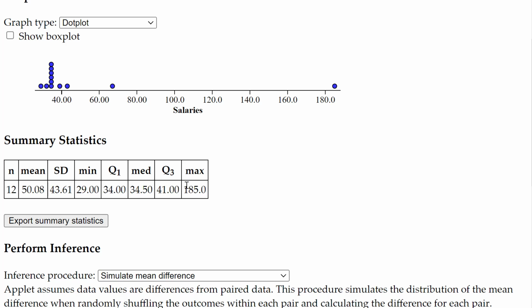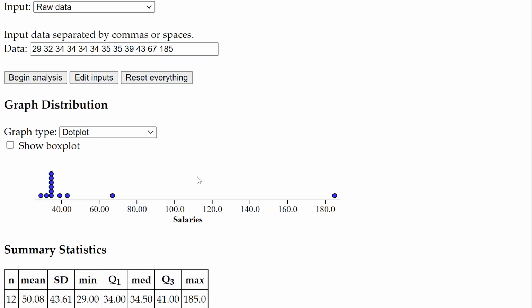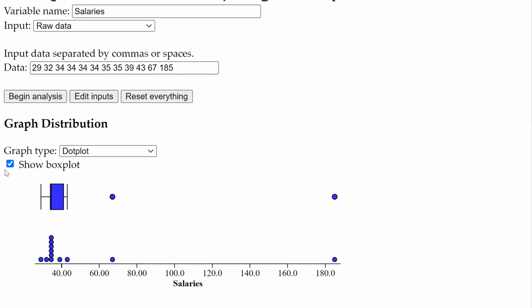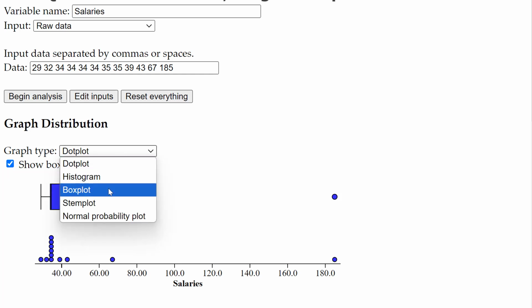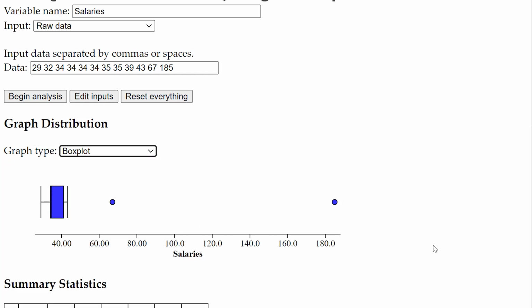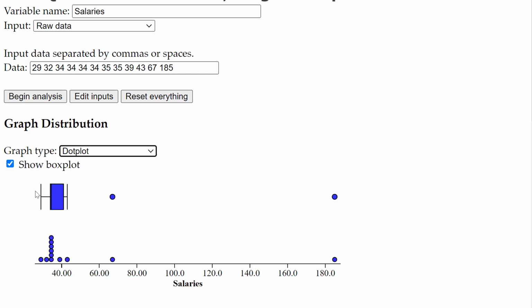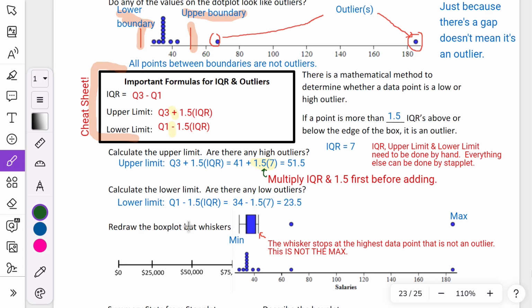A cool way to get your box plot, and the way I like to show it, is by clicking this. I could do box plots separately, and it works, it's fine. But for right now, I want to do dot plot and show you the box plot, because then I can show you where the pieces come from. When we did our math, we said the upper boundary was 51.5.